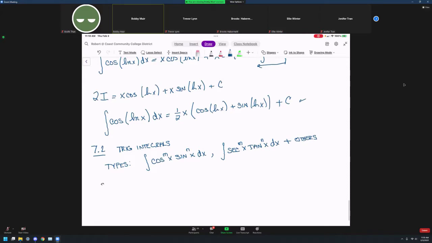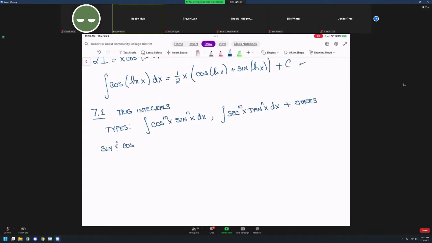We'll start with sines and cosines. Now, the easy type stuff would be if I had something like this. Because if you remember, sine squared x is actually the sine of x squared.